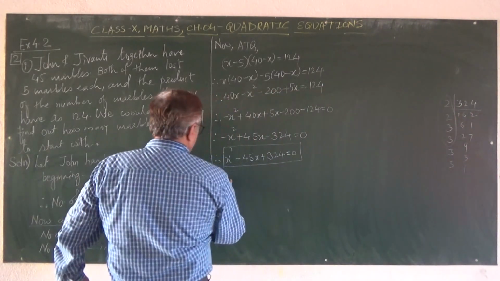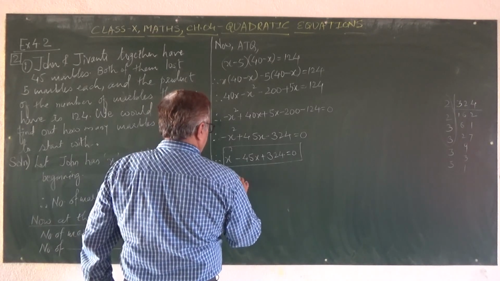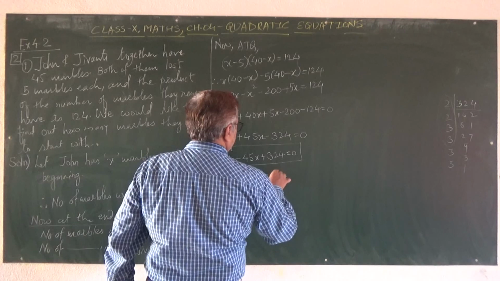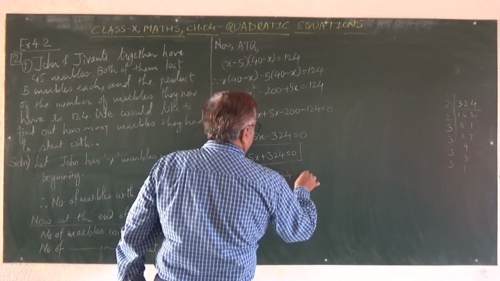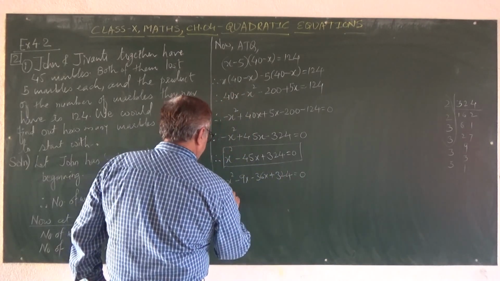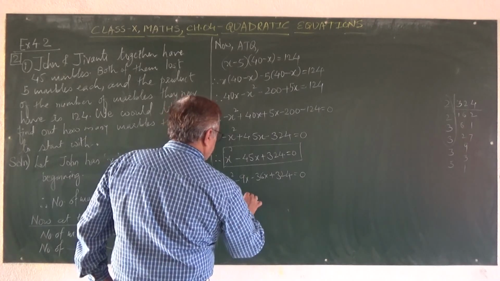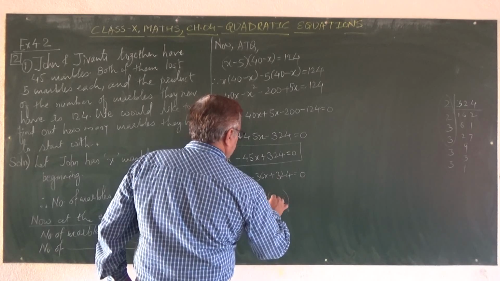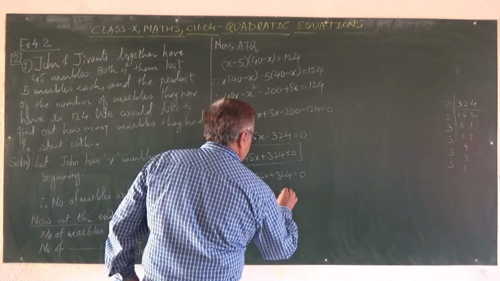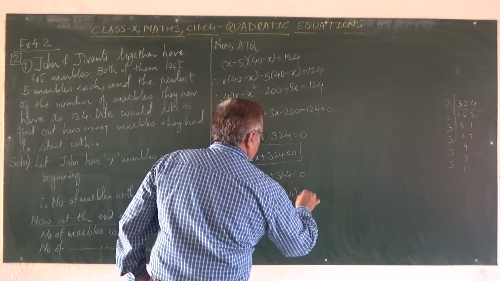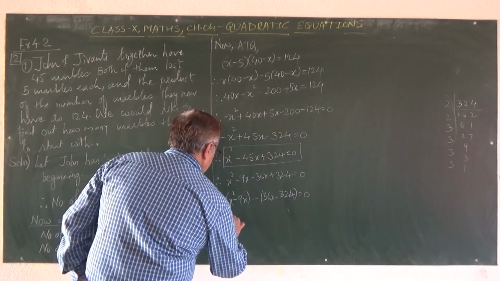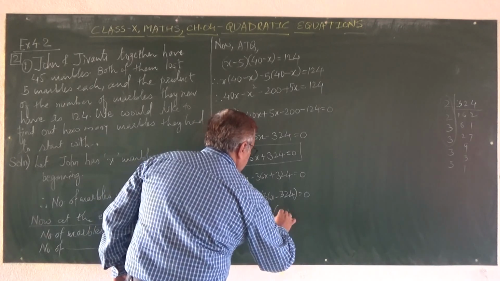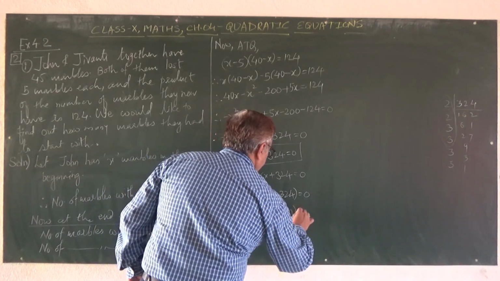Okay, so therefore x square minus 9x minus 36x plus 324 is equal to 0. Take this in bracket, two terms here minus, so this plus will become minus. 324 is equal to 0. So x common, x minus 9, 36, x minus 9.